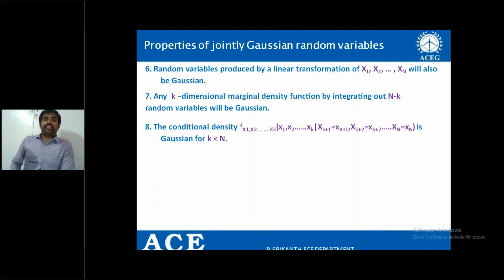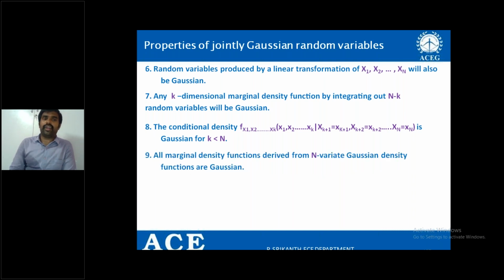And the conditional density function is also Gaussian. If the random variables x1 to xn are Gaussian, their conditional density is also Gaussian. And all the marginal density functions derived from the n-variate Gaussian density function are Gaussian. If from the n-variate Gaussian function I derive individual density functions, absolutely they are all Gaussian.